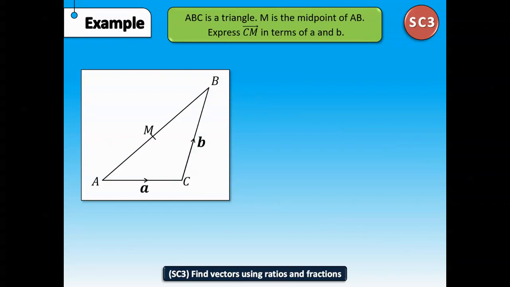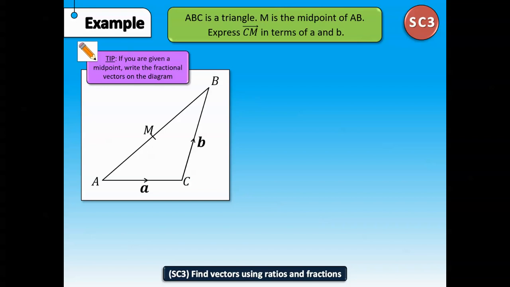So this question says ABC is a triangle, M is the midpoint of AB, so we want to express CM in terms of A and B. So we want to try and get from C to M. So if M is the midpoint of AB, then from A to M is half of AB. And from M to B is also half of AB.